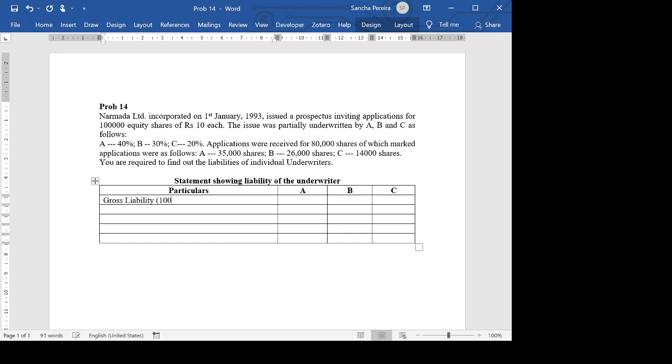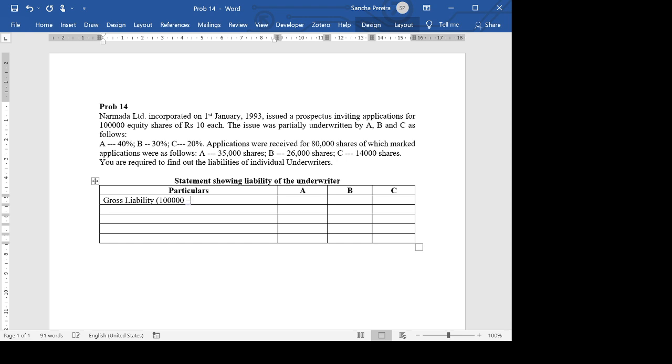One lakh is to be divided in the ratio of 4:3:2.